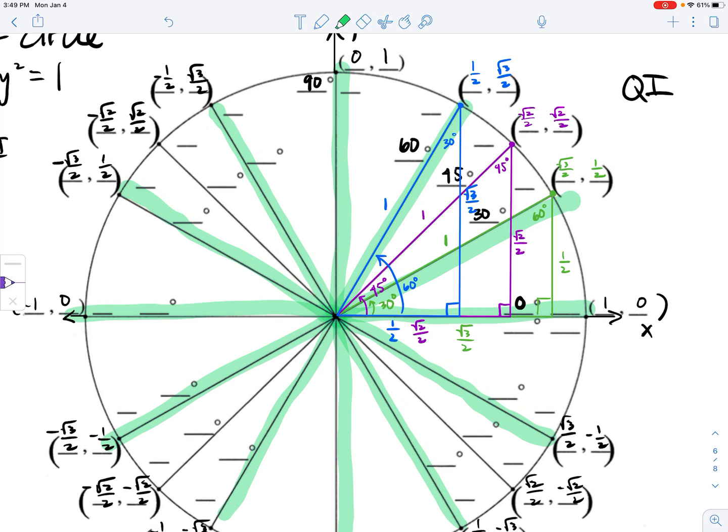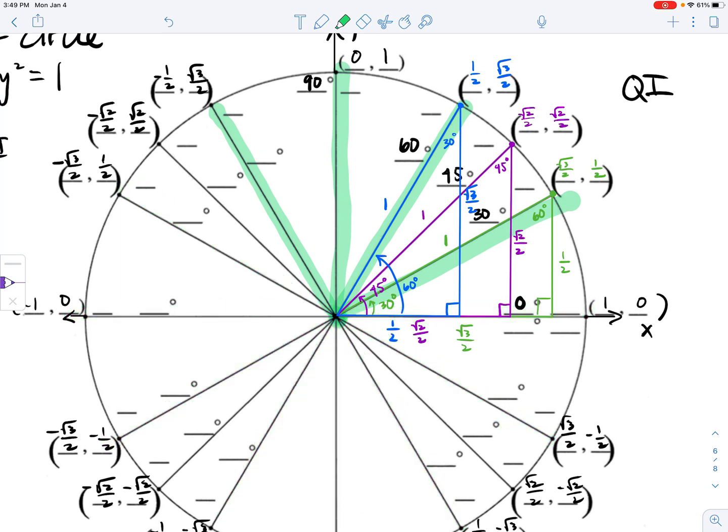So if I add 30 degrees to 90 degrees, that's 120 degrees, then 150 degrees, 180 degrees. And the other lines that are there are for the angles in radians, and we're going to do that in a later lesson.